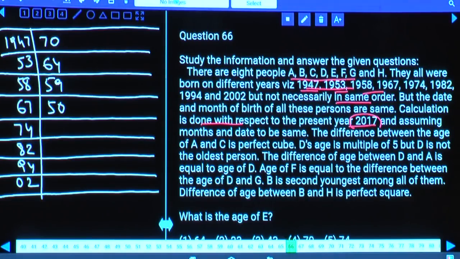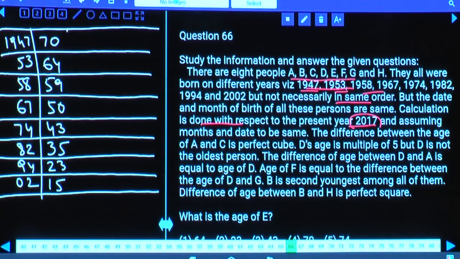And 67 to 74, plus 7, here minus 7, 43. And 74 to 82, 8 years, 43 minus 8 is 35. And 82 to 94, 12, 35 minus 12 is 23. 94 to 2002, 8 years, 23 minus 8, it will be 15.